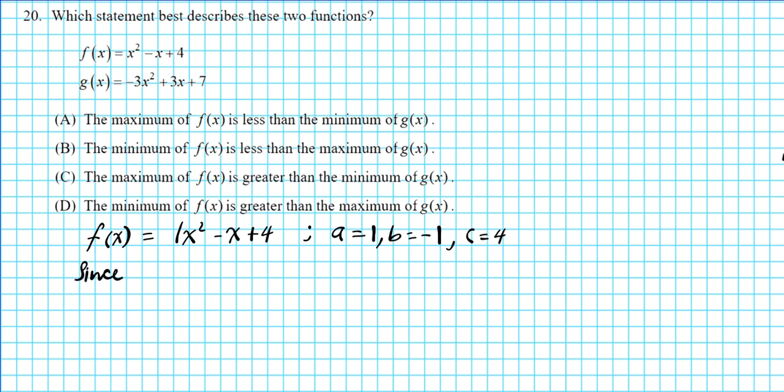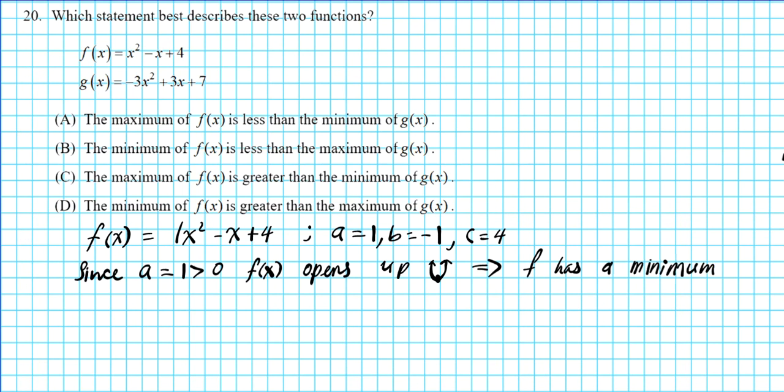Since a is equal to 1, which is greater than 0, or positive, f of x opens where? If you have a positive a value, you have a happy situation, right? It opens up, which means that f has a maximum or a minimum. This is a low point, right? So since it's the low point, f has a minimum.